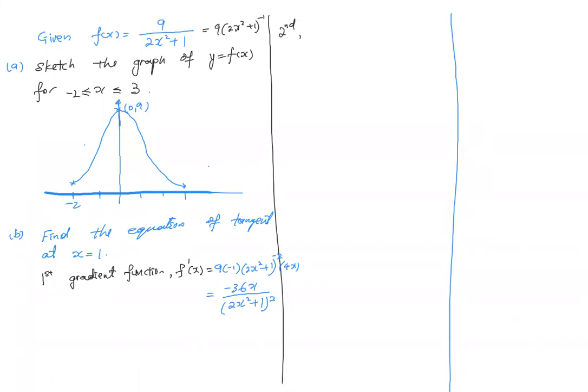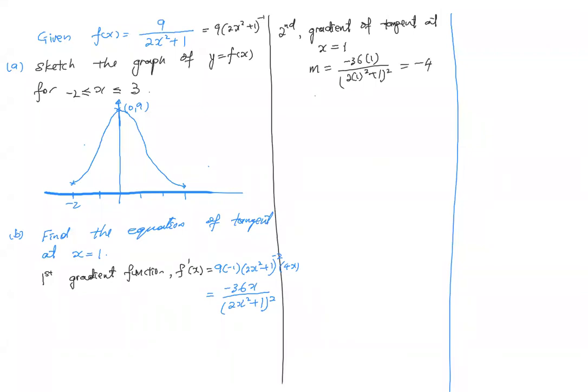So second step, you must get the gradient of tangent at x equal to 1. So for the gradient, you put x equal to 1. So you get negative 4.